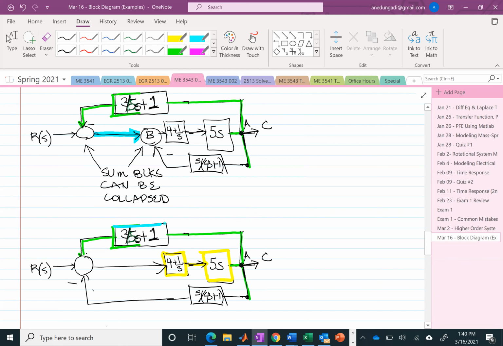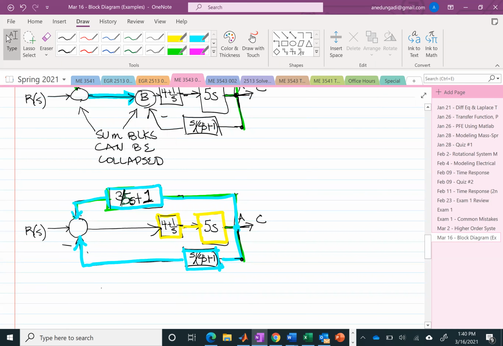This is parallel, right? Do you agree with that? So cascade and parallel, right? And what are we left with? We're left with the feedback form.